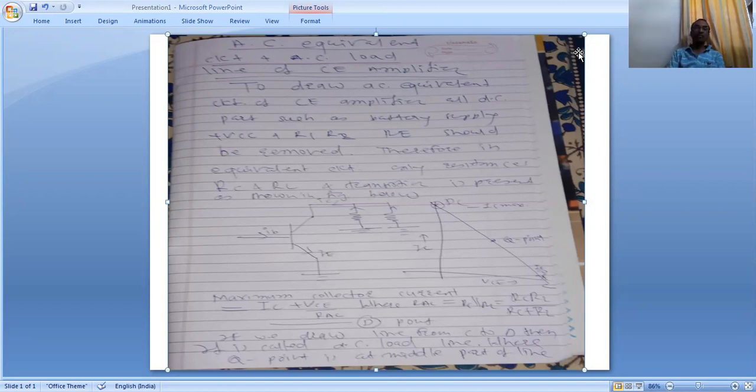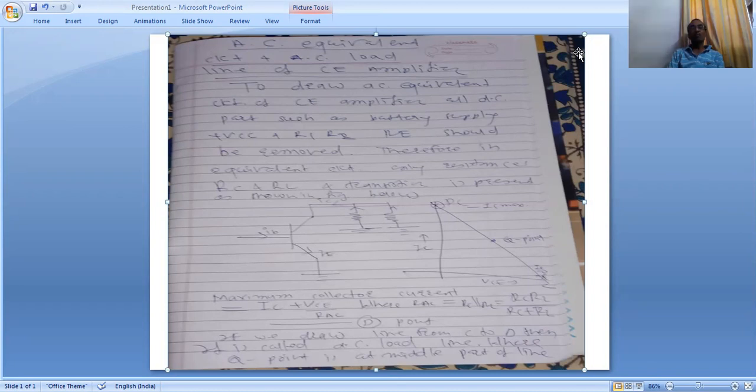That means in the equivalent diagram, there is no DC source, no R1, R2, no RE, and no capacitors C1, C2, CE.